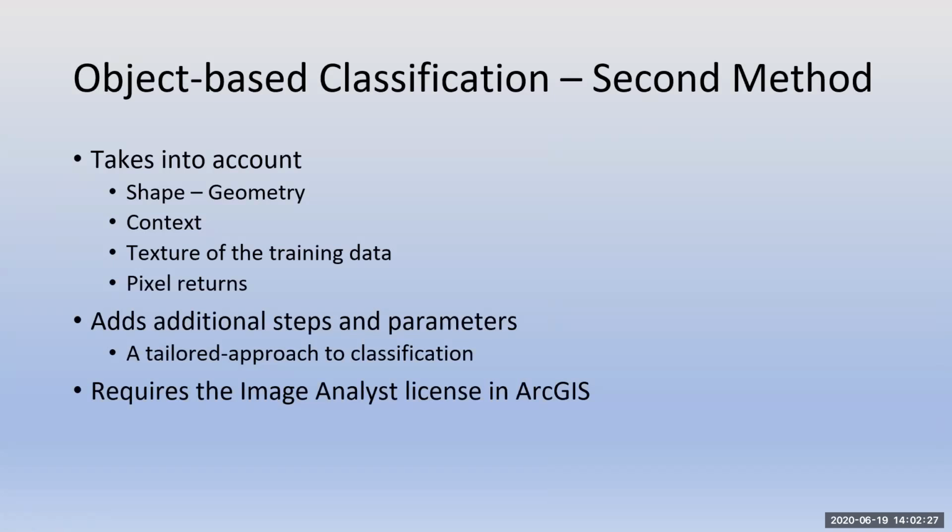So you're bordering on some artificial intelligence, but you're telling it what to look for. It's a more tailored approach to the classification. Along with that, we needed to do a license upgrade to Image Analyst in ArcGIS. Next slide.